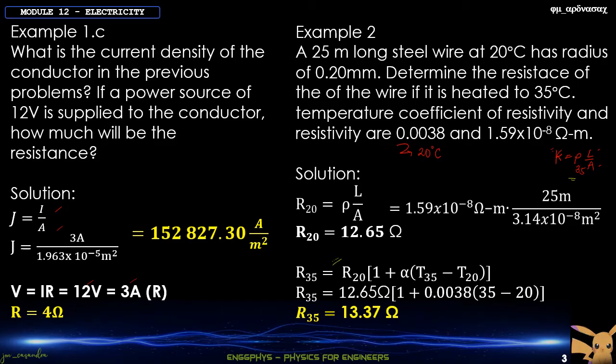Substituting our values, we now get a resistance for 35 degrees Celsius of 13.37 ohms. As you can see, the higher the temperature of a conductor or a material, the resistance would also increase. Okay?